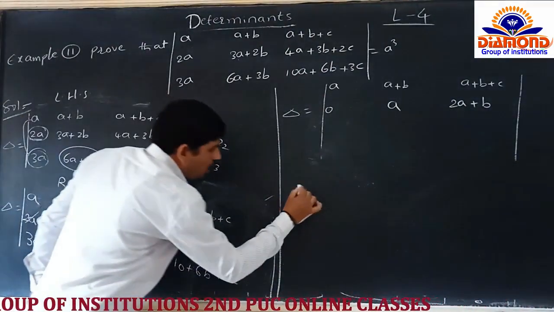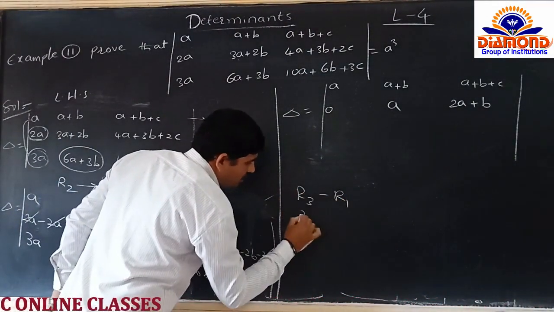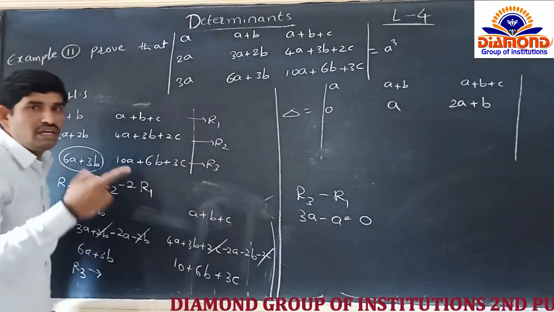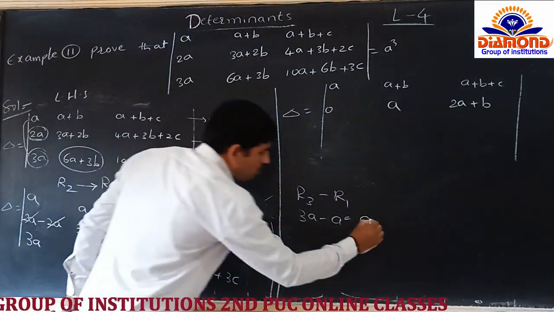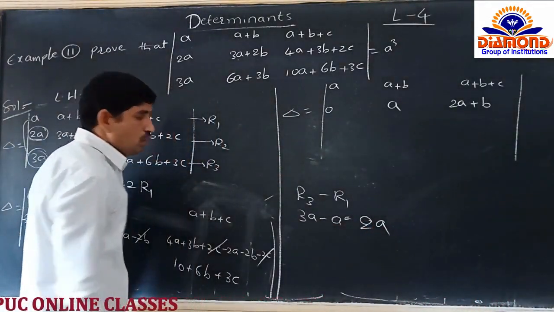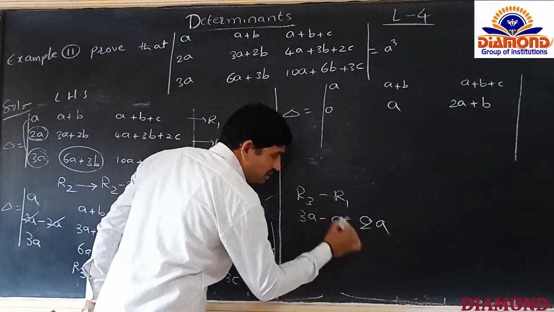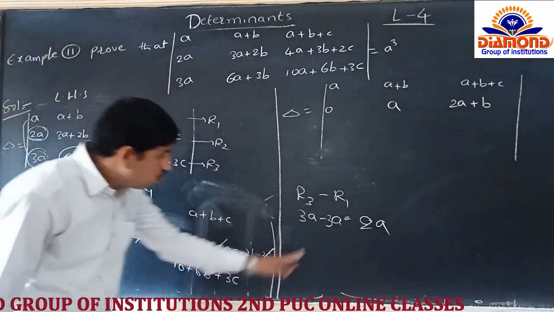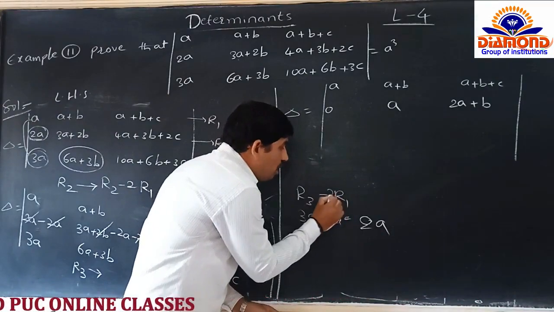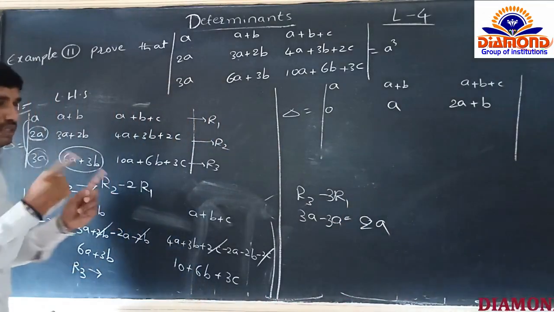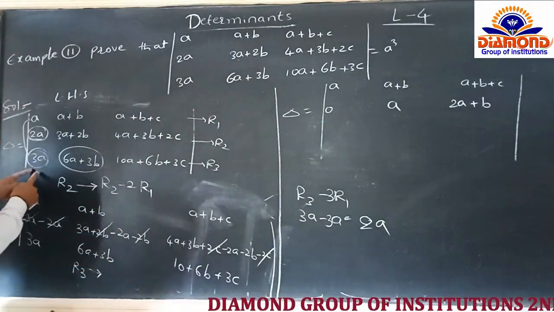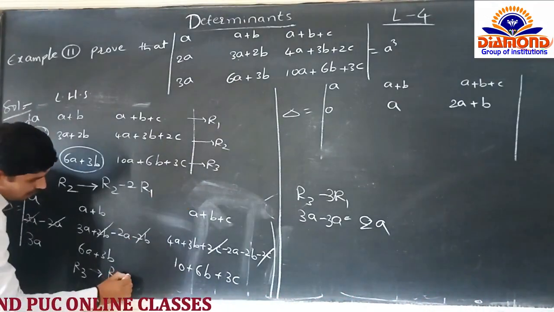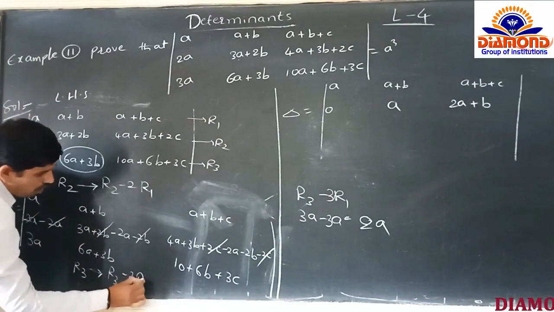Suppose we do R3 minus R1: R3 is 3a, R1 is a, so we get 3a, but our target is to get 0. To get this place as 0, in place of R1 we have to multiply with 3. So I am going to write R3 minus 3 into R1.